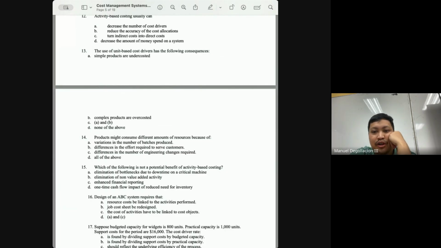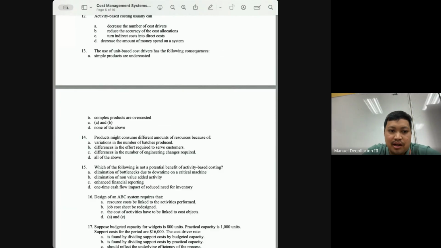But if you base it on units, whether it's a simple or a complex product, they will be given the same amount of cost. So if you use a unit-based cost driver, what will happen to your simple products? They would be overcosted because they will be allocated the same cost as your complex products. For your complex products, they would instead be undercosted. So the answer here is letter D, none of the above.